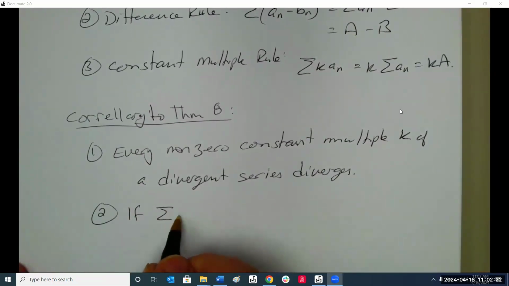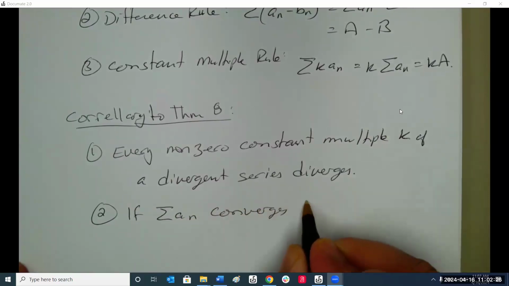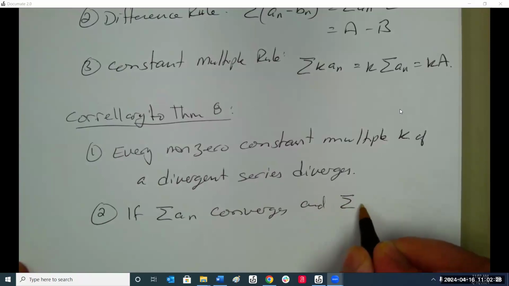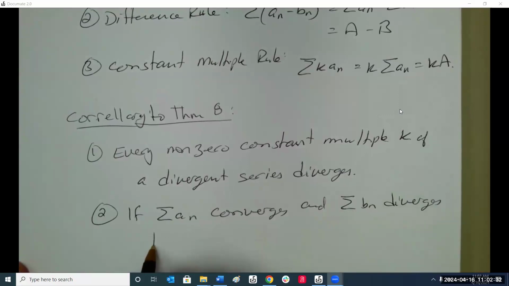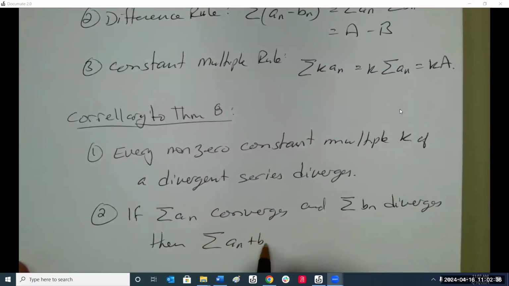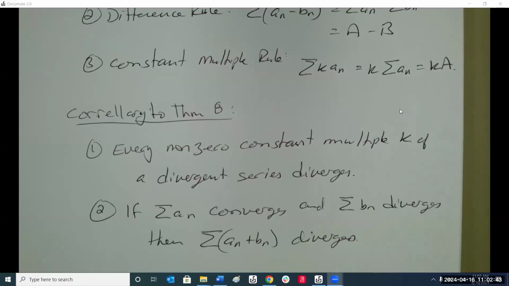If the summation of A sub n converges, and the summation of B sub n diverges, then the summation of A sub n plus B sub n diverges. There's one bad apple that ruins the bunch.